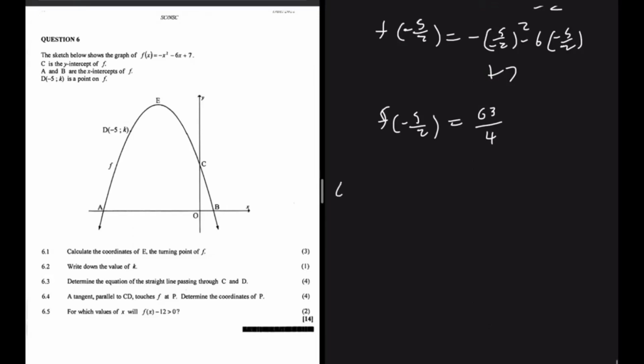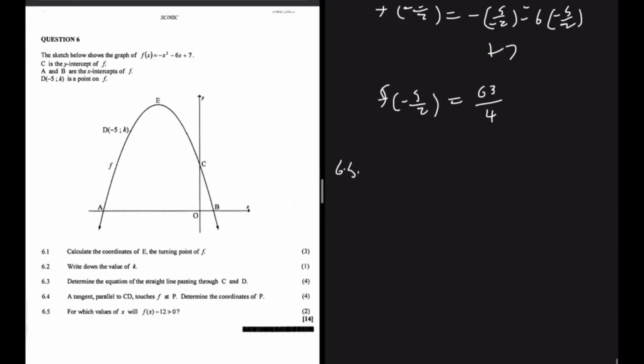We have 6.5 that is saying for which values is f(x) minus 12 greater than 0. Like I've said, I don't deal with fractions and I don't deal with the graph. I deal with the equations, right? So in place of f(x), I'm gonna put the expression and then I'll solve it algebraically, because I don't want to say, hey, switch the graph, rotate it 360 degrees.